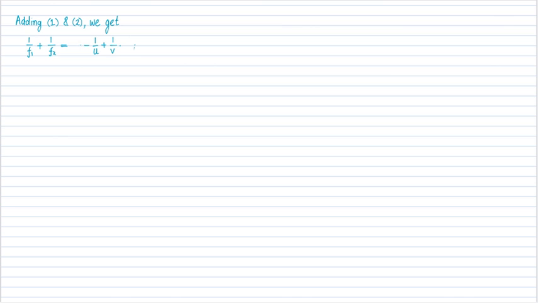After rearranging, I can write this as 1 upon v minus 1 upon u. So 1 by f1 plus 1 by f2 equals 1 upon v minus 1 upon u. Let this be your equation 3.